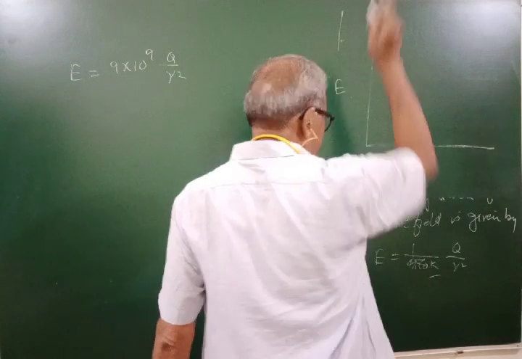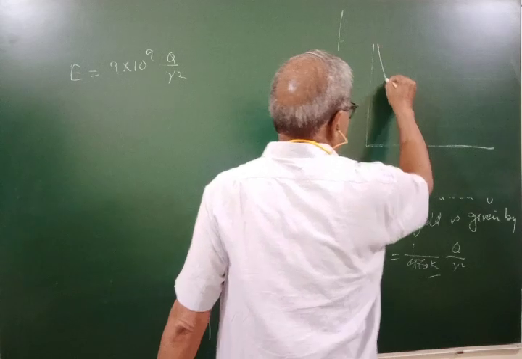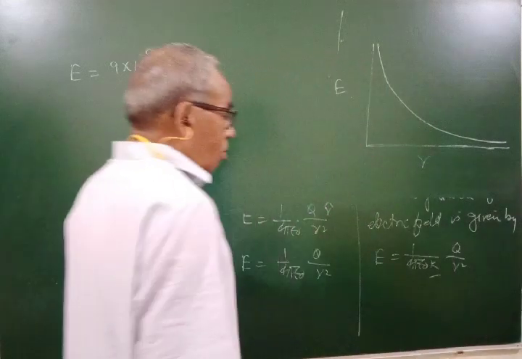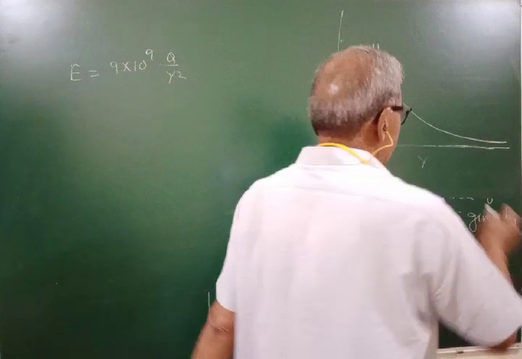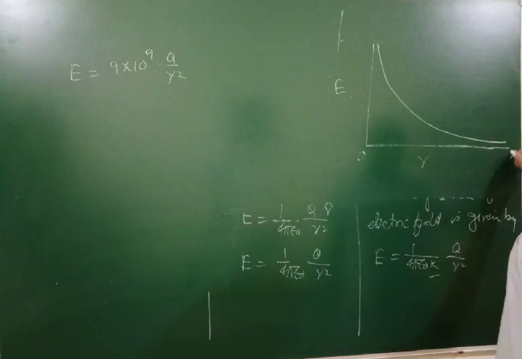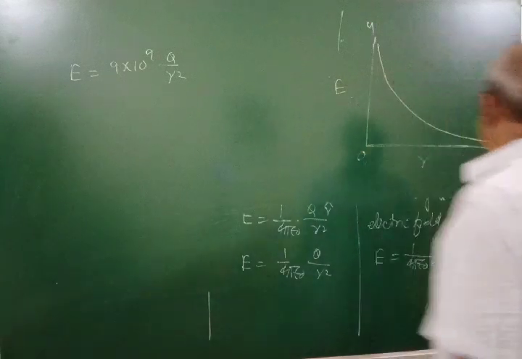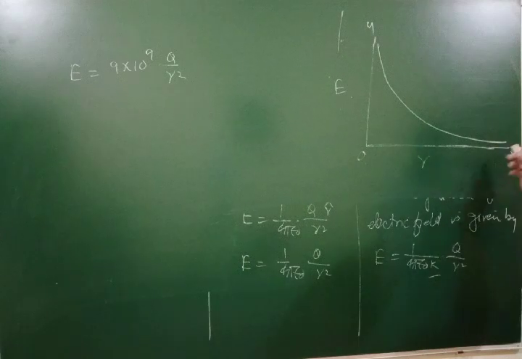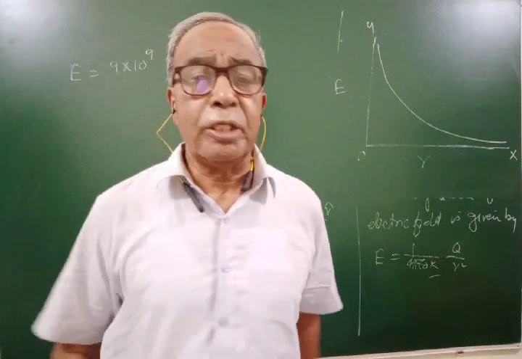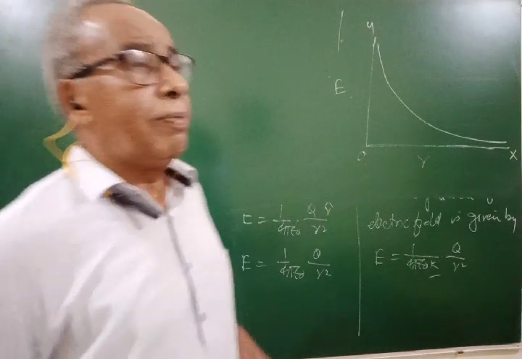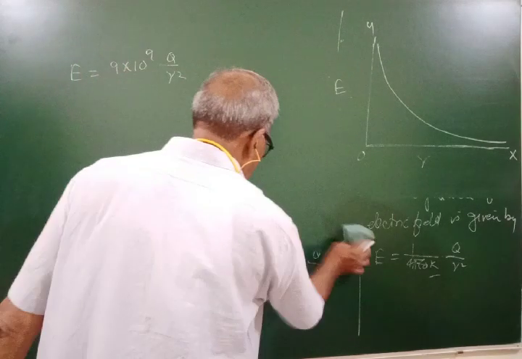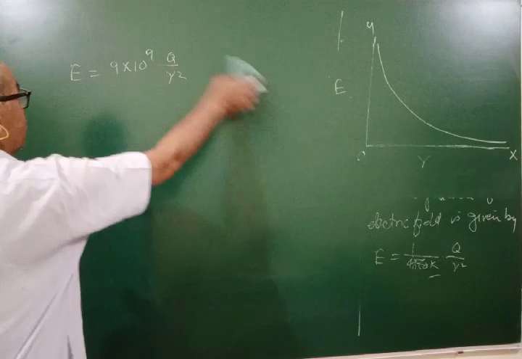It will be infinite at the charge, and it will decrease like this, inversely proportional to the square of distance, and will become 0 at infinite distance. We never allow the curve to touch the x axis because that would mean the field is 0, while the field will be 0 only at infinite distance. So this is the electric field due to a point charge.